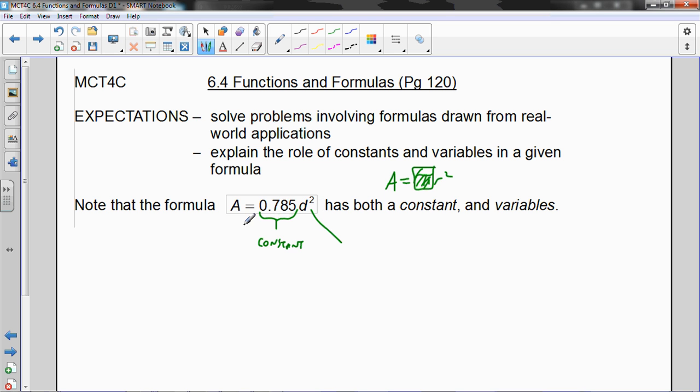But the values that can change are called variables, right? And in fact, this one's the independent variable. It kind of takes the place of x. All the formula actions going on the right. This is the independent variable. We kind of think of it as the x, and so this one's the dependent.